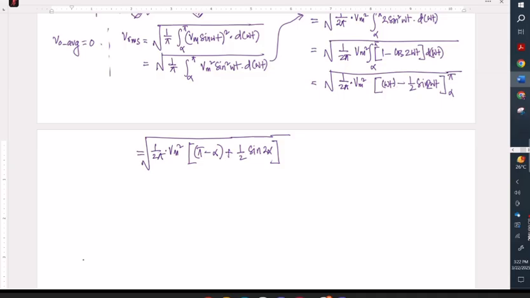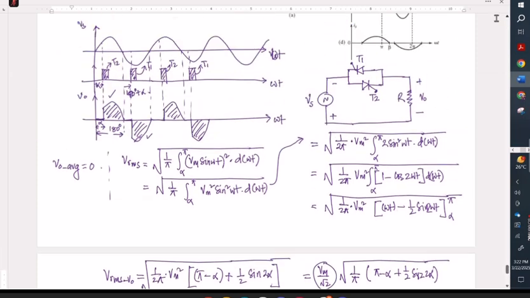Okay, so now that should be your VRMS, that is the output VRMS, right? Now if I take Vm over 2, it should be Vm over root 2. If I take it out, then the remaining value should be 1 over pi times pi minus alpha plus half into sine 2 alpha. Vm over root 2 is the RMS value of what?